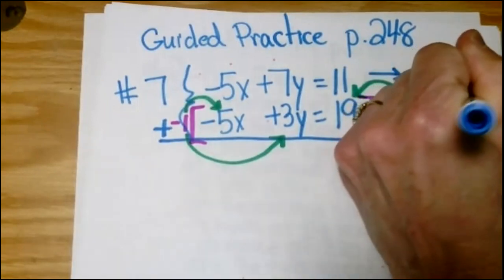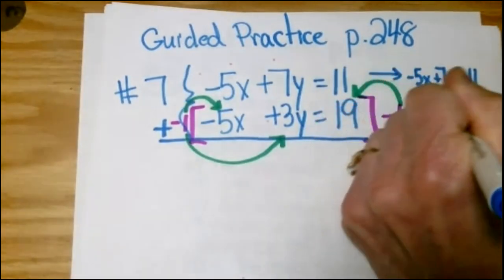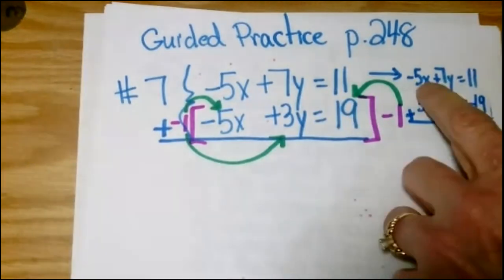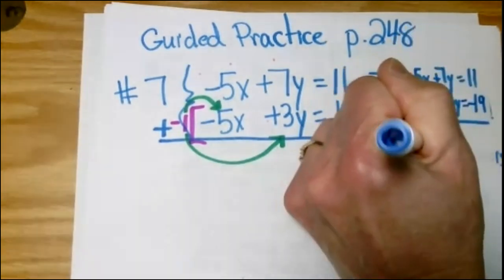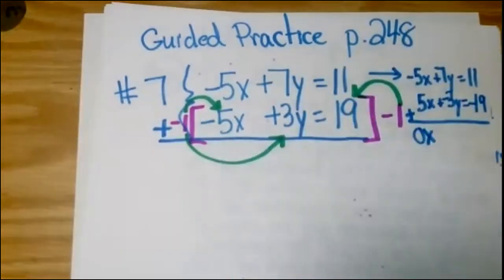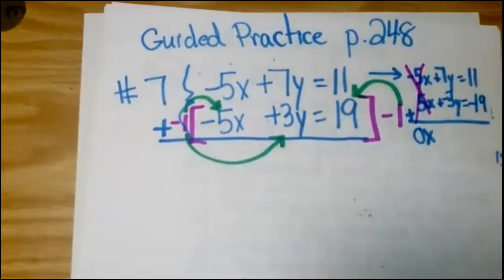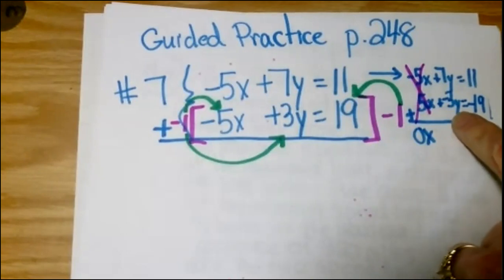That's going to be a negative 19. Then I'm going to be able to now add these and eliminate one of the variables. So -5x plus a positive 5x, that's going to produce my 0x. So I basically have just eliminated that, and I'm left with just the y's. I have a 7y plus a -3y.